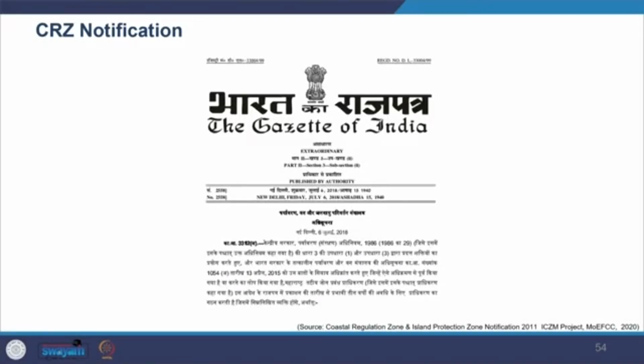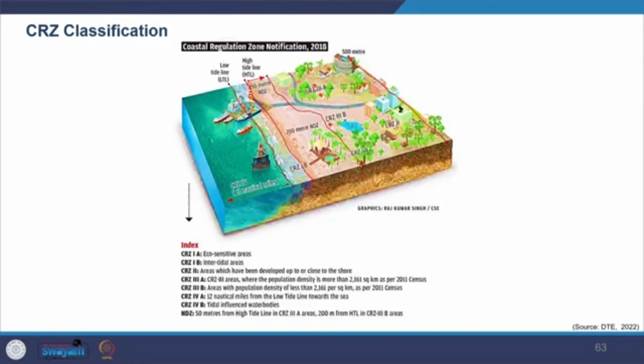So this you see under the CRZ notification, and as per the notification you can see that they have identified CRZ 1, 2, 3 and 4.